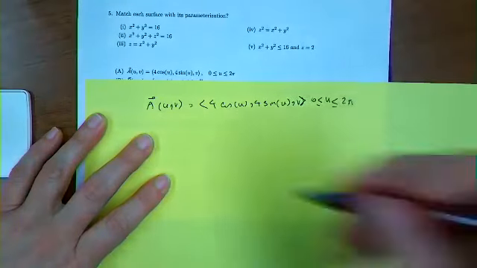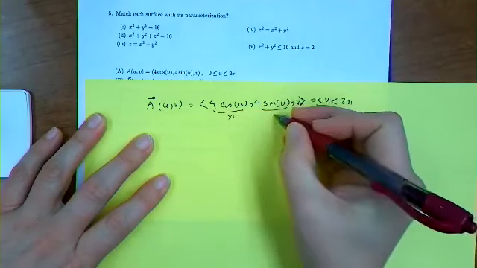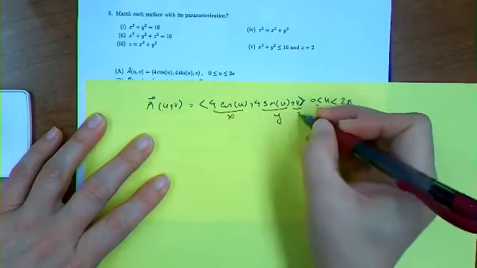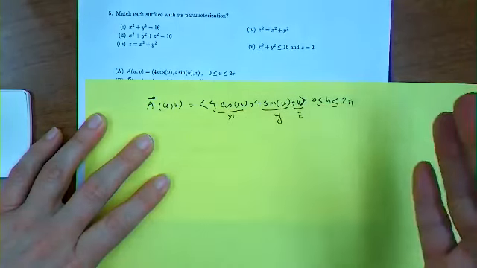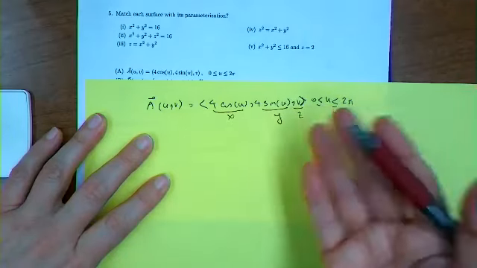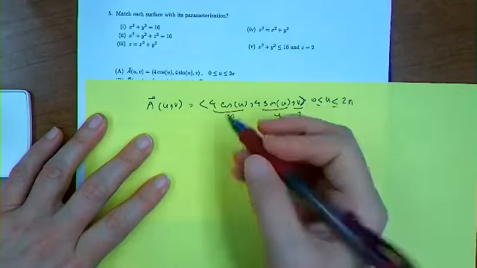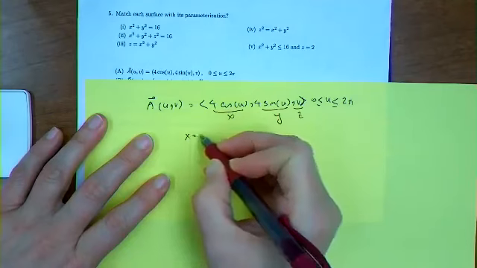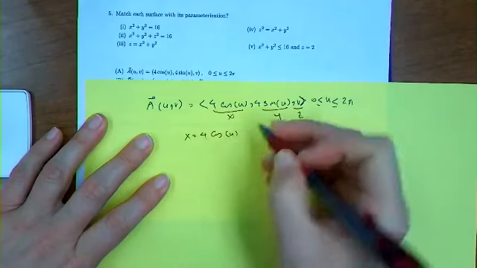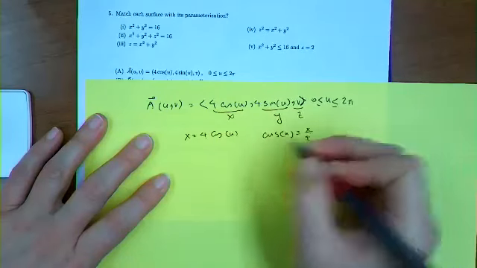At this point, I can see cosine of t and sine of t. The first thing I want to eliminate is these, using the Pythagorean theorem. So how does that work? If x is equal to 4 cosine of u, then cosine of u is equal to x over 4.